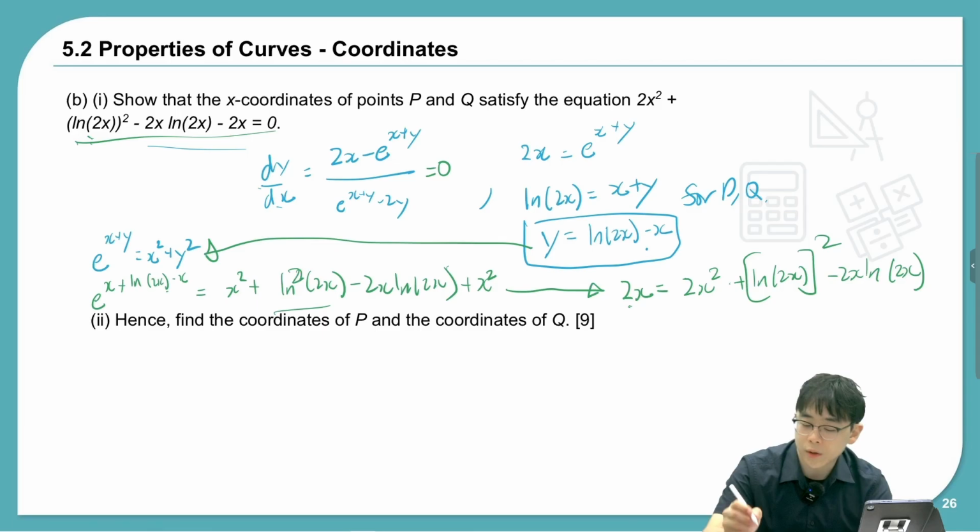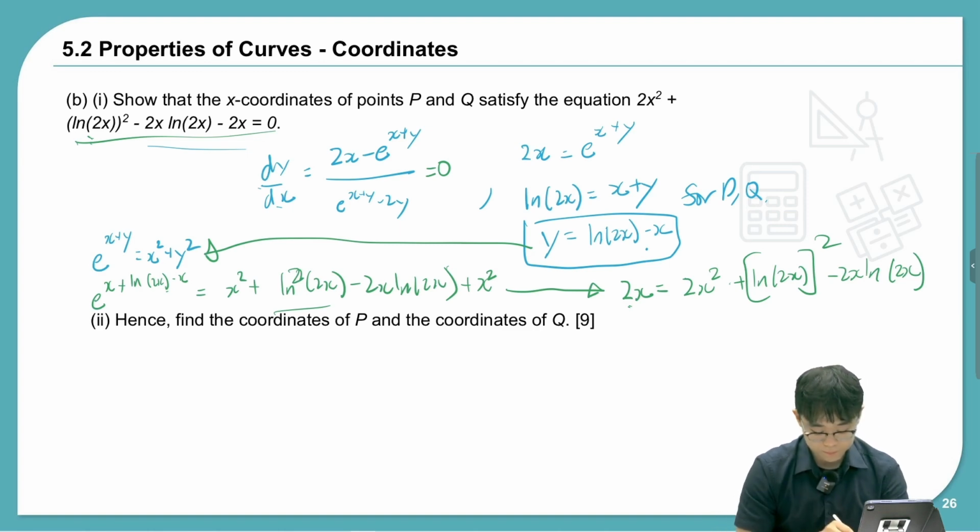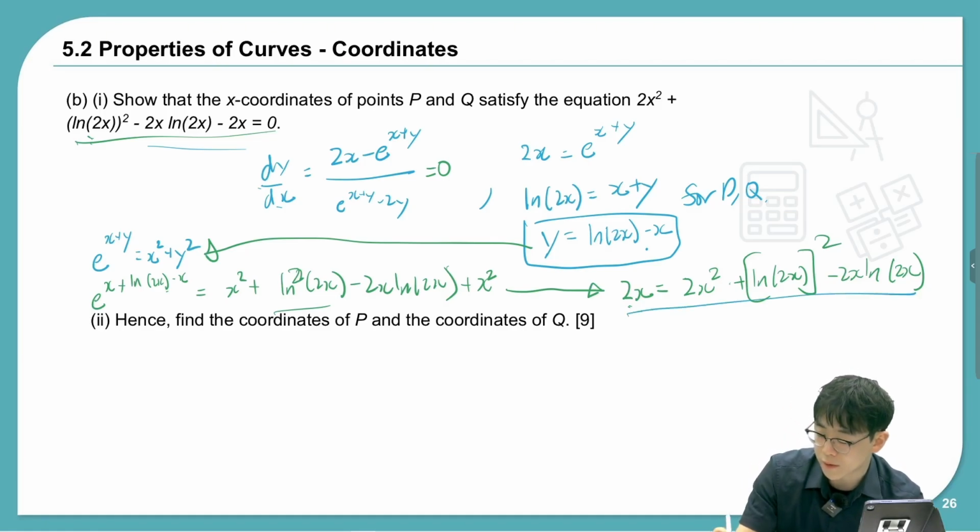Next, I want to show the coordinates of P and Q. So I just got to solve for this one. So for P and Q, what I would do is I would just solve for when this full expression gives me, okay, so actually I just need to solve for this expression right here.